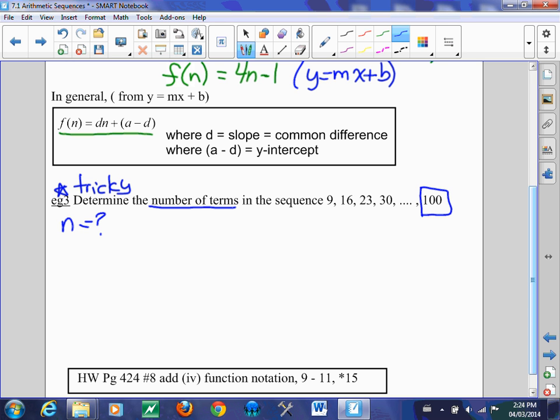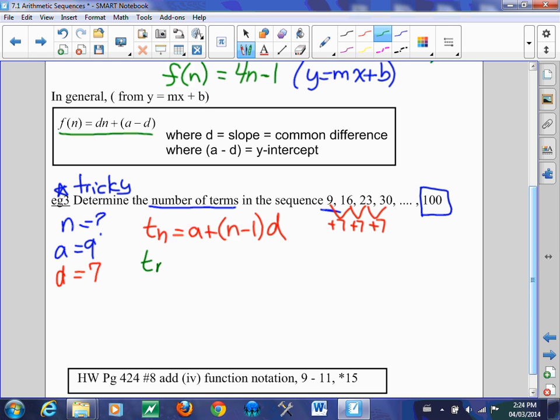A couple of things we can figure out. We can figure out our start value, which is a. So a equals 9. We can also see what's happening each time in our sequence. Hopefully you realize that we're adding 7, so d equals 7. When I look at my formula, I've got t at n equals a plus n minus 1 times d. Sub in what we know, a and d.